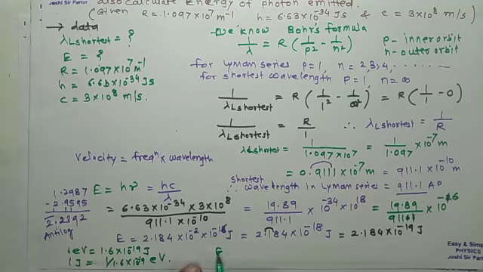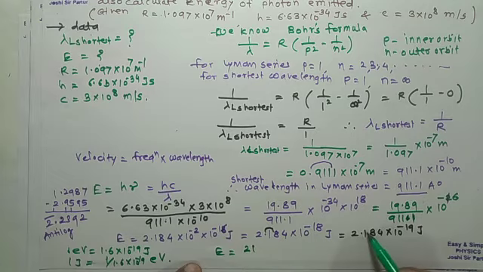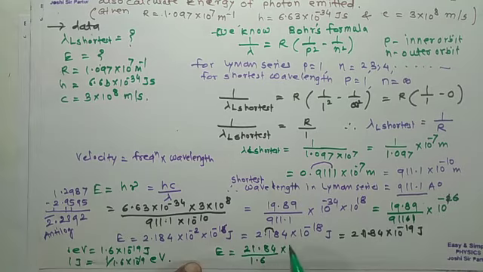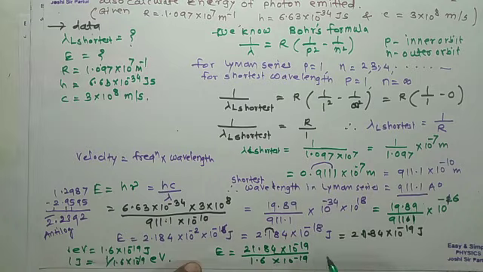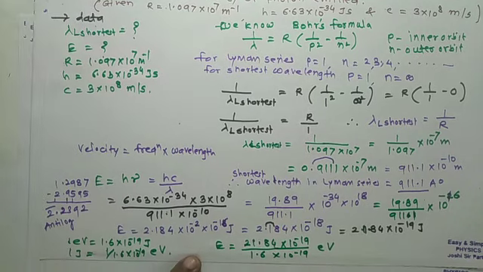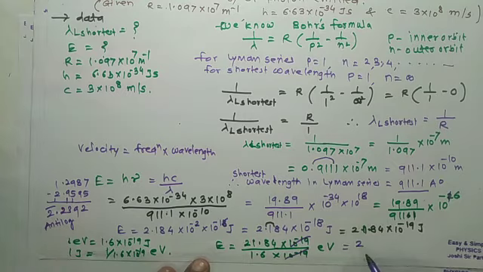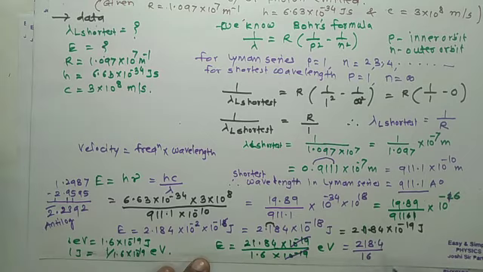So energy is equal to 21.84 divided by 1.6 into 10 raised to minus 19 into 10 raised to minus 19 electron volt. What happened? 10 raised to minus 19 gets cancelled, and here 218.4 divided by 16.